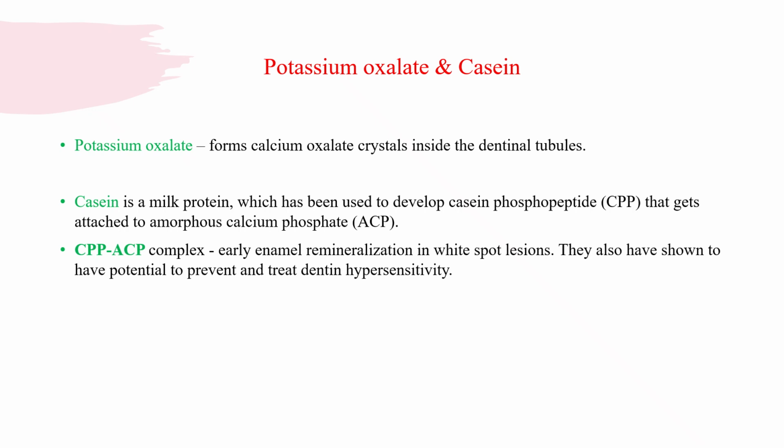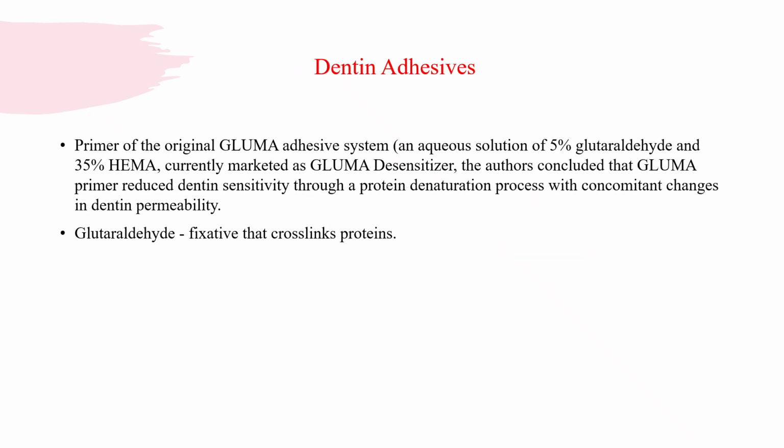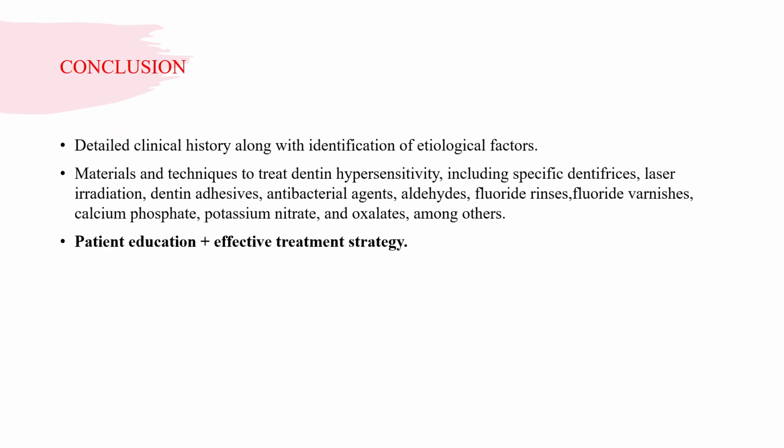They have also shown potential to prevent and treat dentin hypersensitivity. Under the dental adhesives, the primer of the original Bluma adhesive system can be used, and glutaraldehyde has also shown positive results.